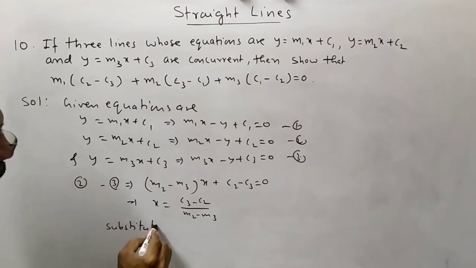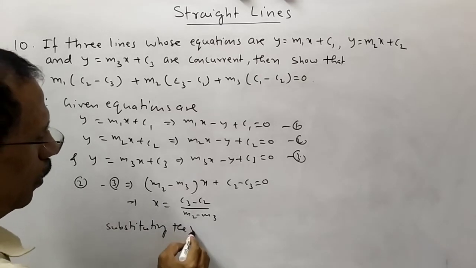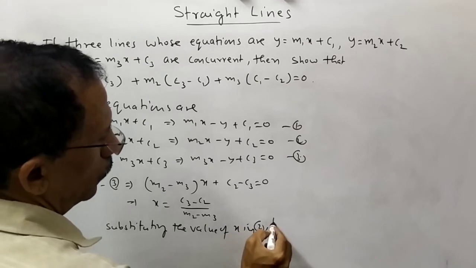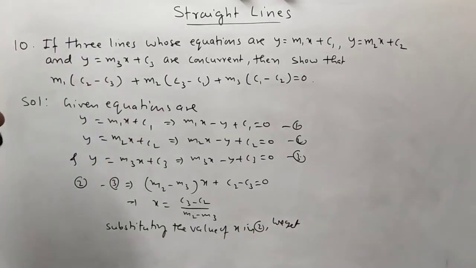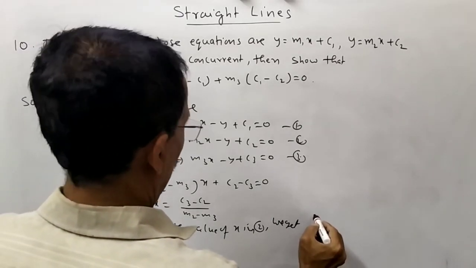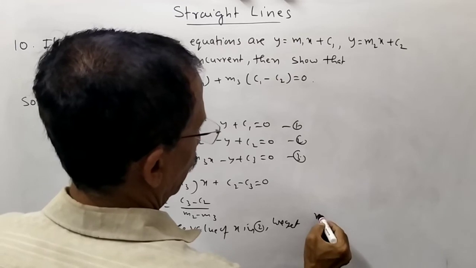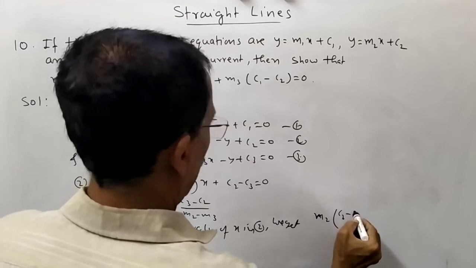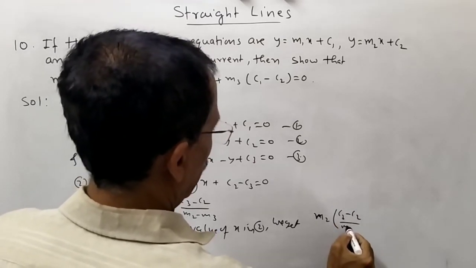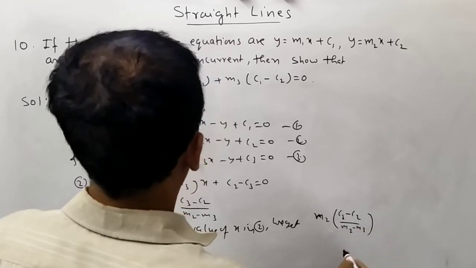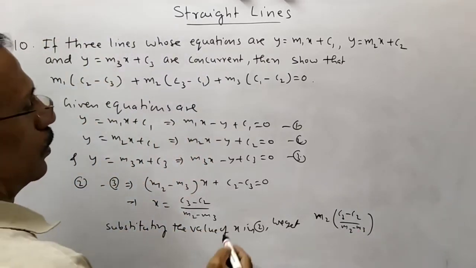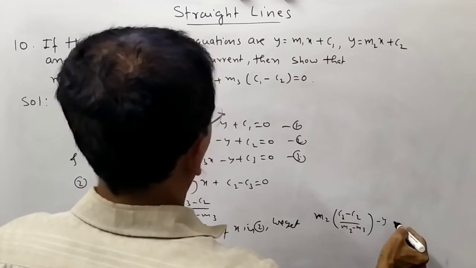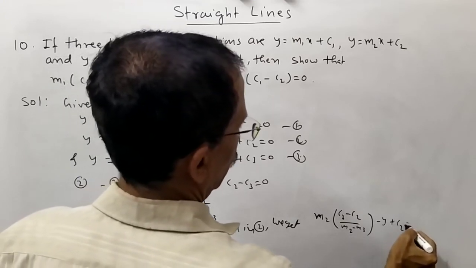Substituting the value of x in 2, we get m2 into c3 minus c2 divided by m2 minus m3 minus y plus c2 is equal to 0.